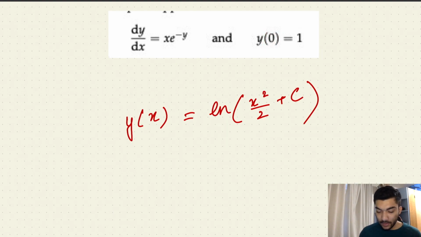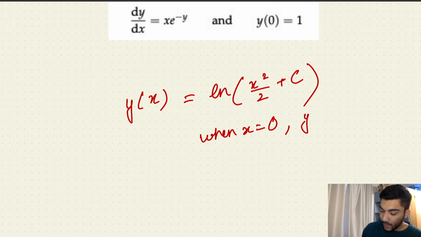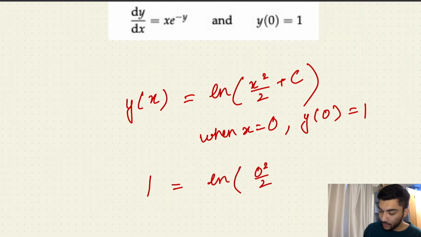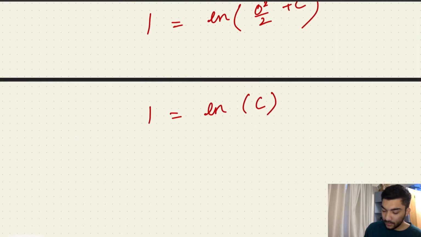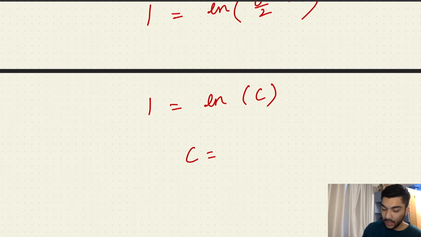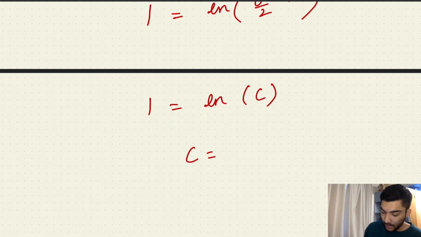If we substitute x equals 0, y of 0 is equal to 1. So it basically means 1 equals ln 0 squared by 2 plus c, and then 1 equals ln c. So if we take the exponent on both sides, c is basically equal to e in this case, right?